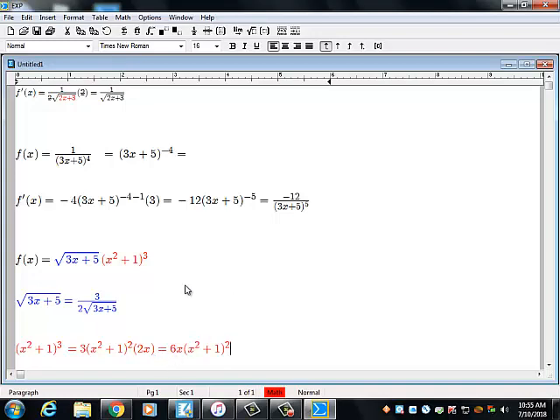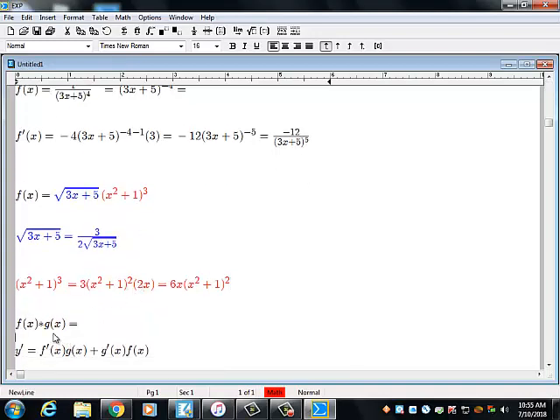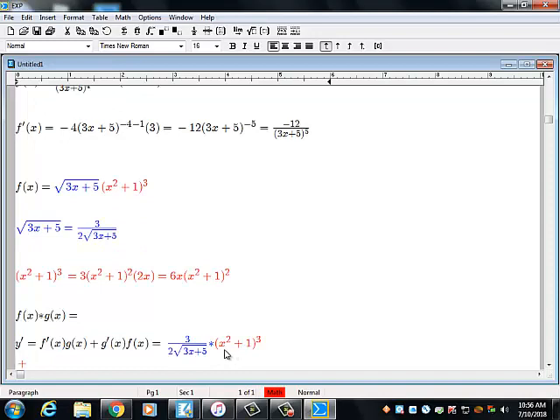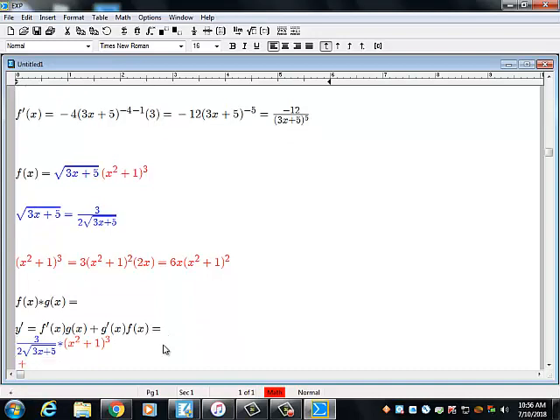And now we're going to apply this formula to what we have. It's the derivative of the first piece times the second, plus the derivative of the second piece times the first.